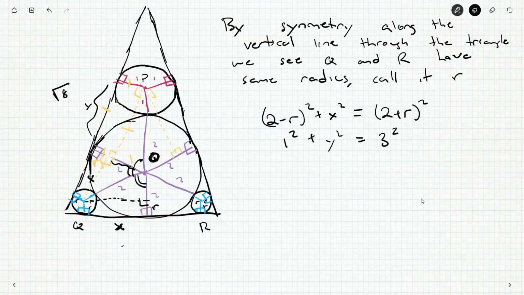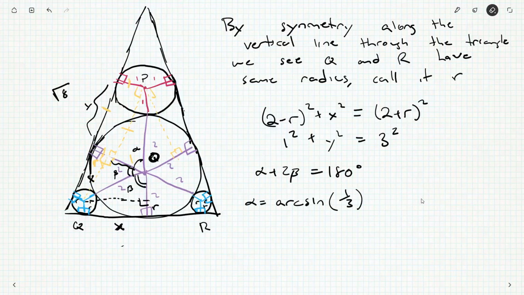So, I suppose I could point out that, call this angle alpha and these two angles beta. Alpha plus 2 beta has got to be equal to 180 degrees. Alpha is the arc cos of 1 over 3, which is never really a nice number to work with.